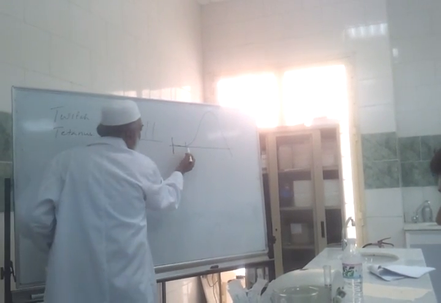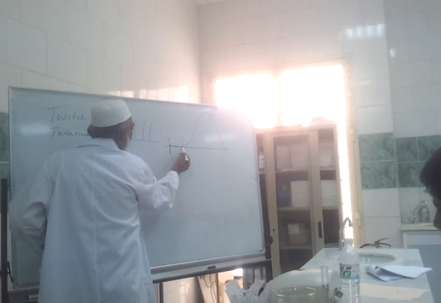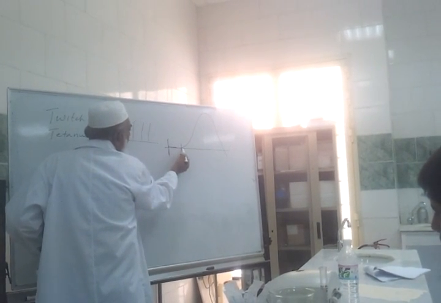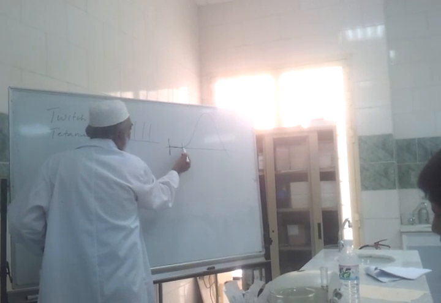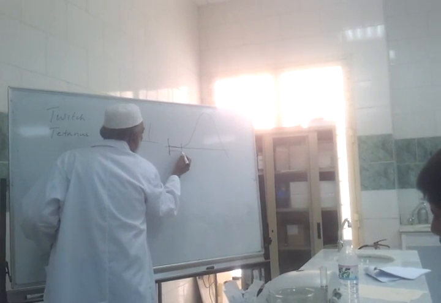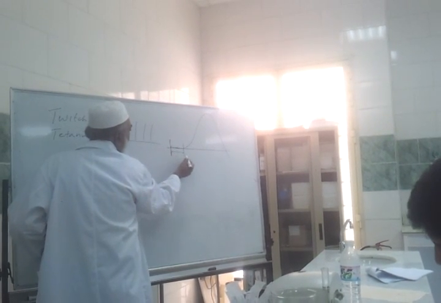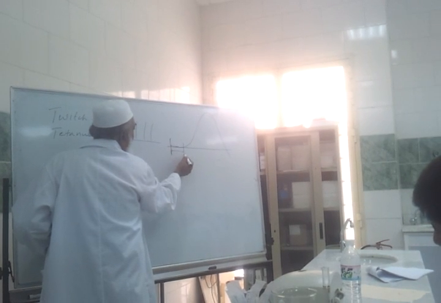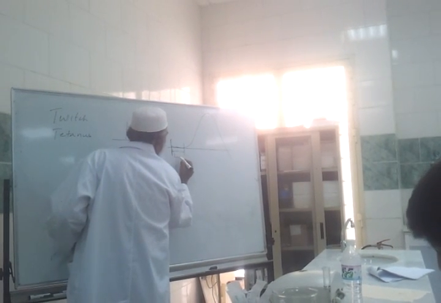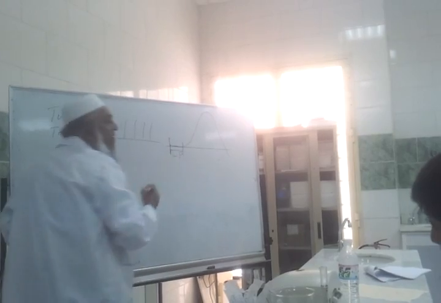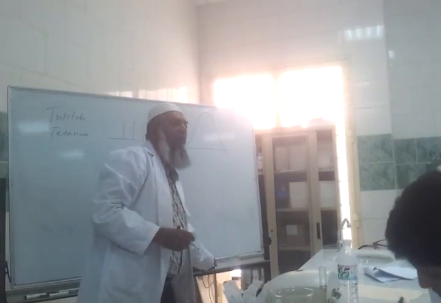So you will mark a line at this point where the curve starts separating from the baseline, and this period between the point of stimulation and the first line will be called latent period.